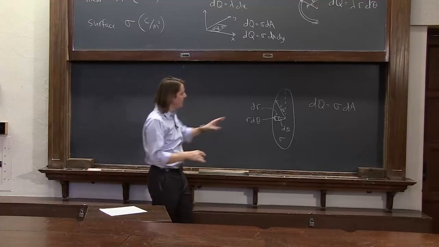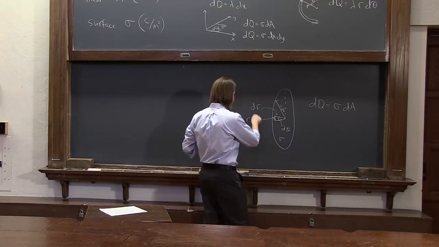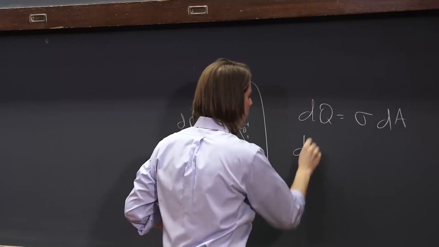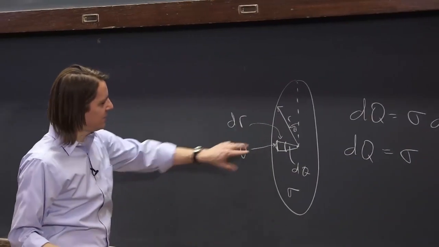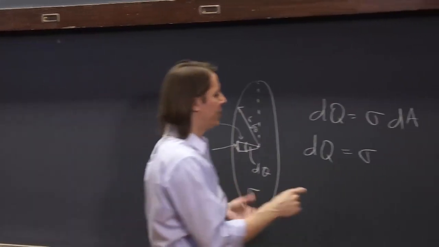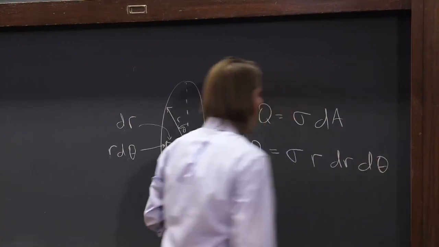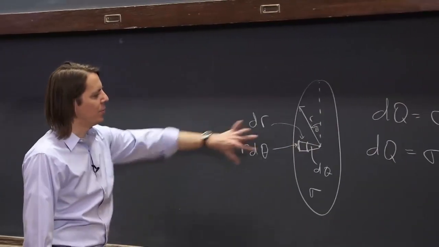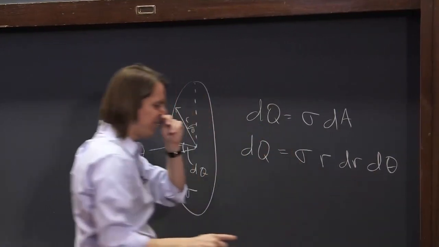If you want the area, you think of it as a little square, and the area is just r d theta times dr. So dq is sigma times that area. R d theta is this length, dr is that length, but we often rearrange it so it sounds nicer: r dr d theta. But really what's making the area is r times d theta for one side, and dr for the other side.